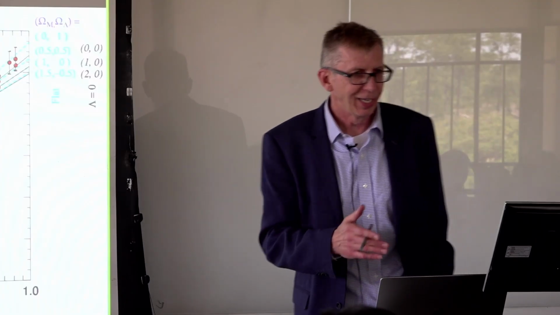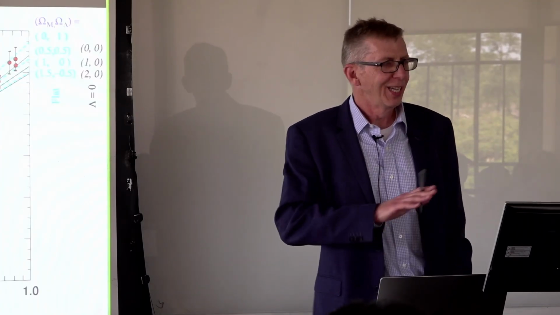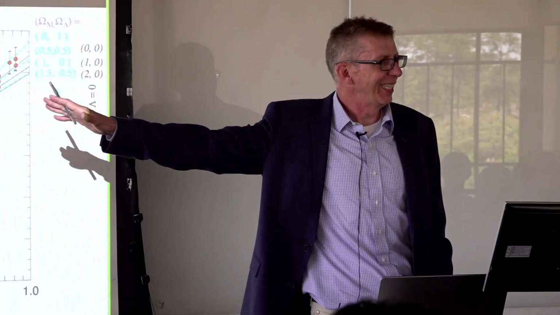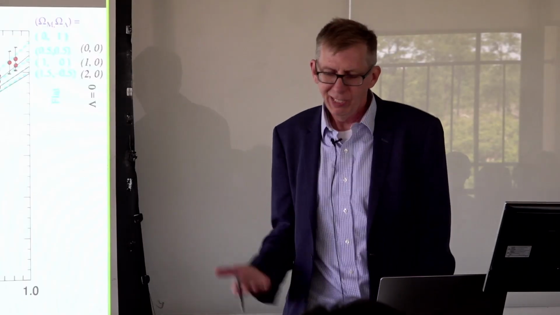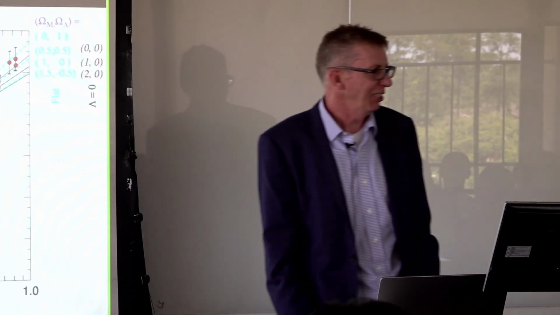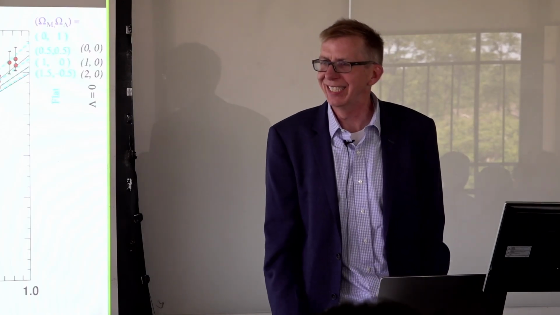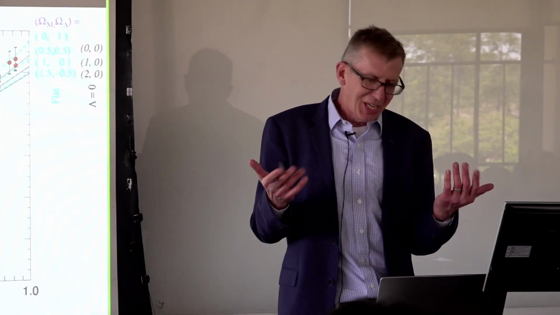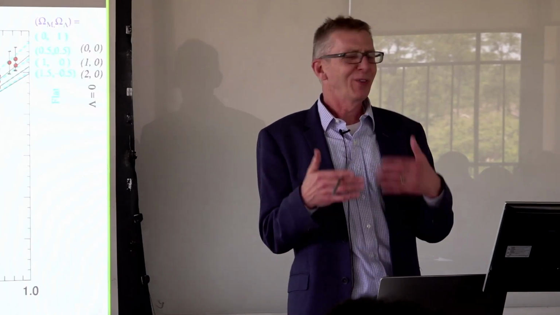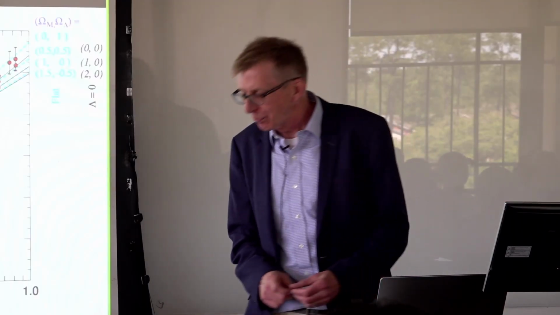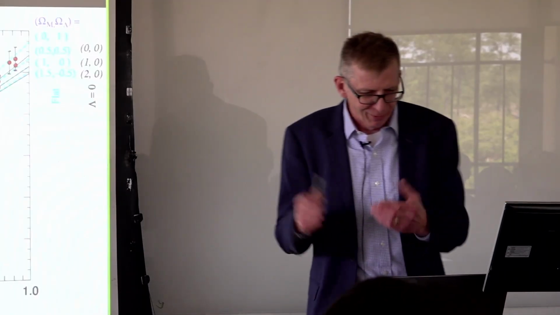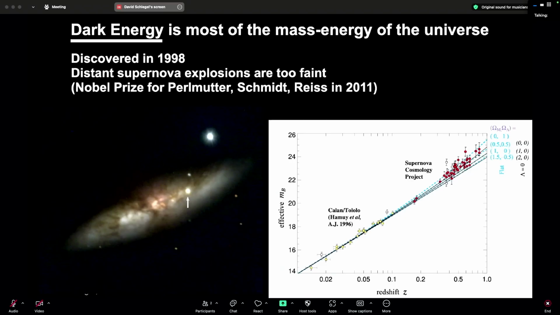And I'll freely admit, I didn't actually believe this in 1998, though a lot of my colleagues did. I just sat back and thought, I just published this map of dust. I bet there's some dust in the distant universe. It absorbs a few photons. There's no way there's dark energy. That would just be crazy. Okay, I was wrong. Everyone else was right. So don't bet the same way as me.